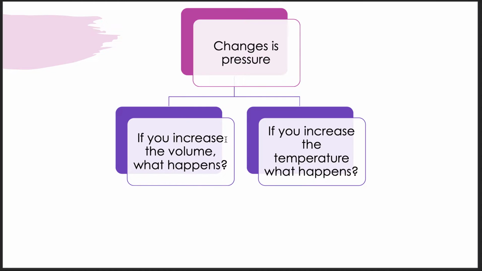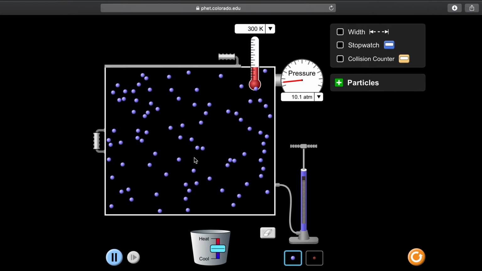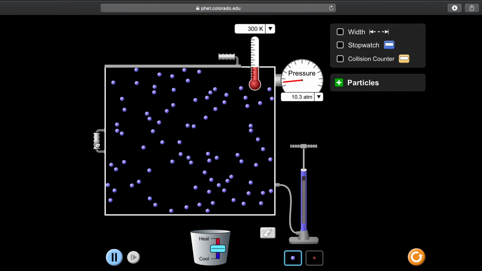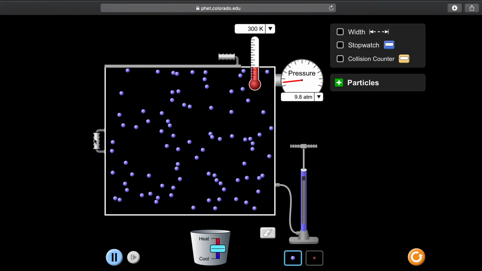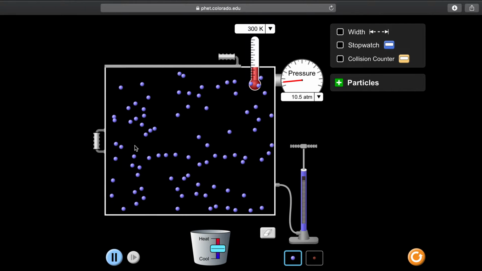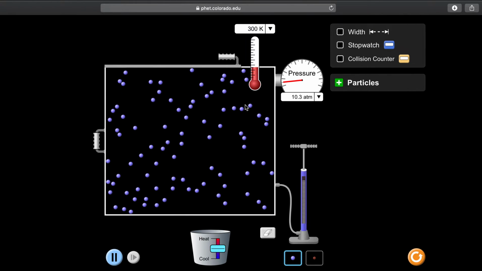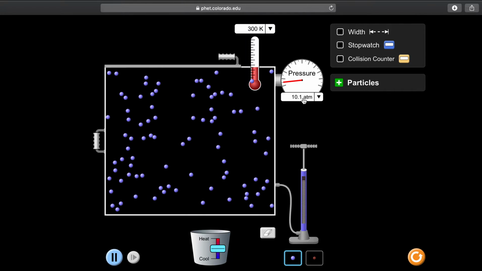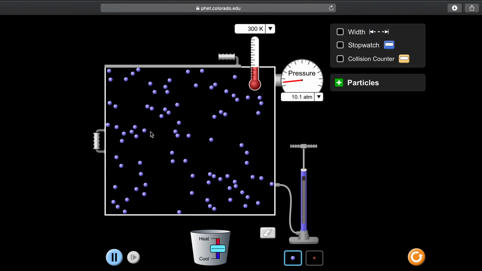And the first thing we're going to look at is what happens to pressure if you increase volume. So this little handle right here is going to change the size of our container. And this gauge right here is showing you what happens to pressure.